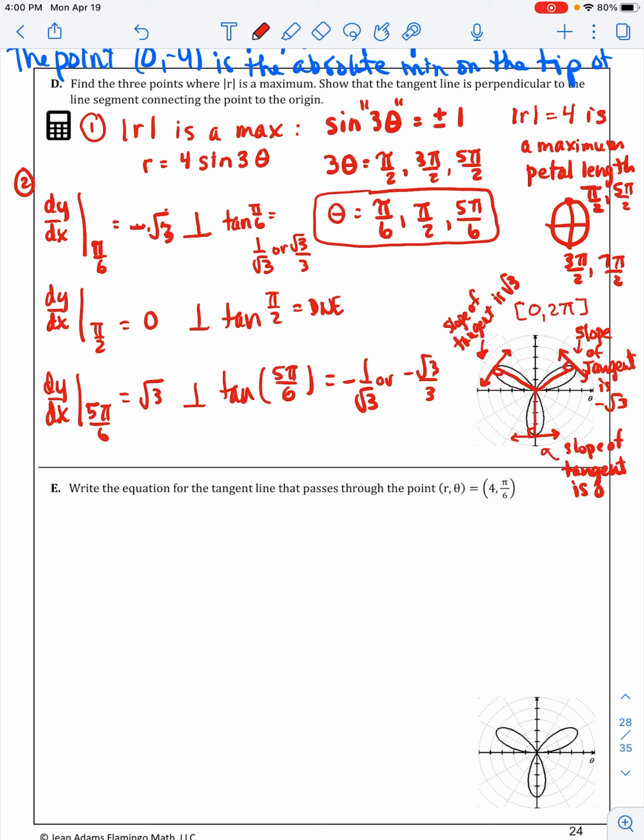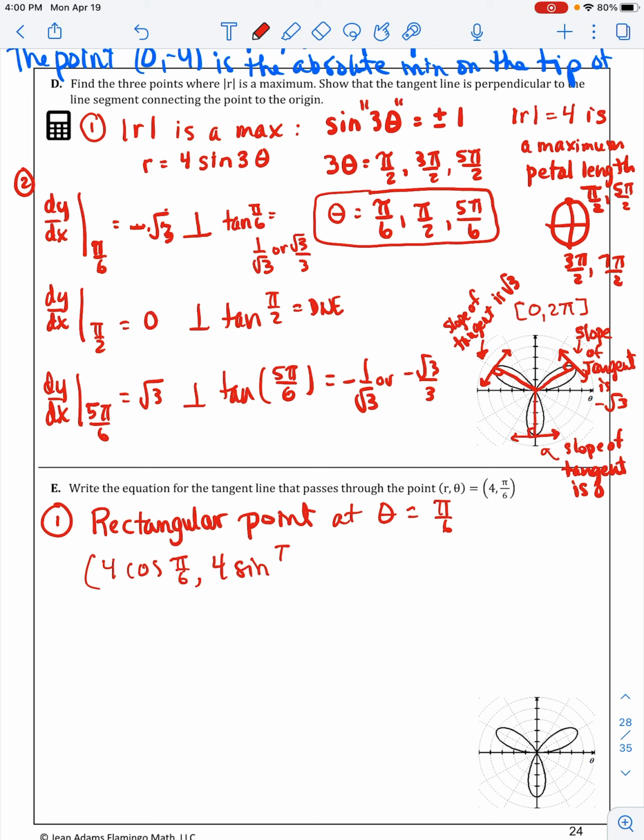Okay? And then for part E, write the equation for the tangent line that passes through the point r theta equals 4 comma pi over 6. So my first thing would be thinking about my rectangular point at theta equals pi over 6. So 4 times the cosine of pi over 6, comma, 4 times the sine of pi over 6.